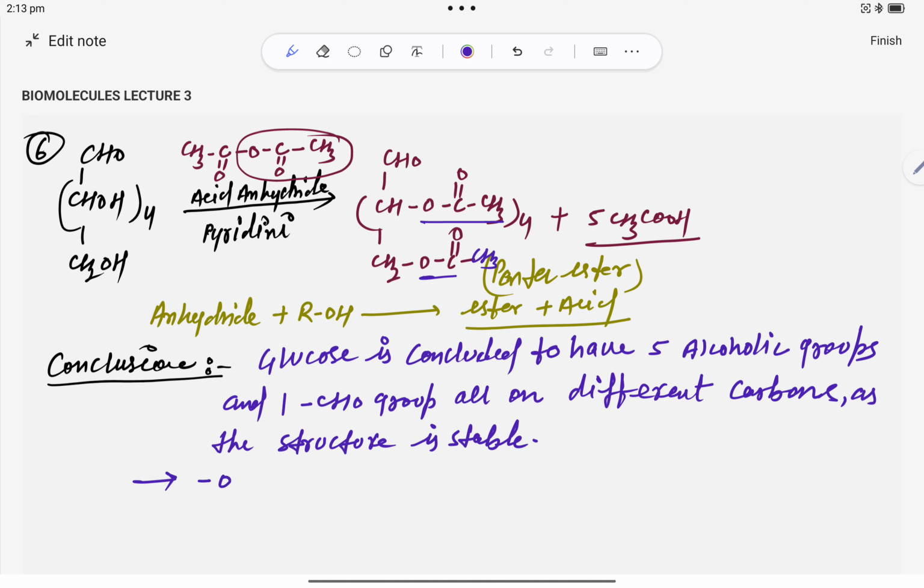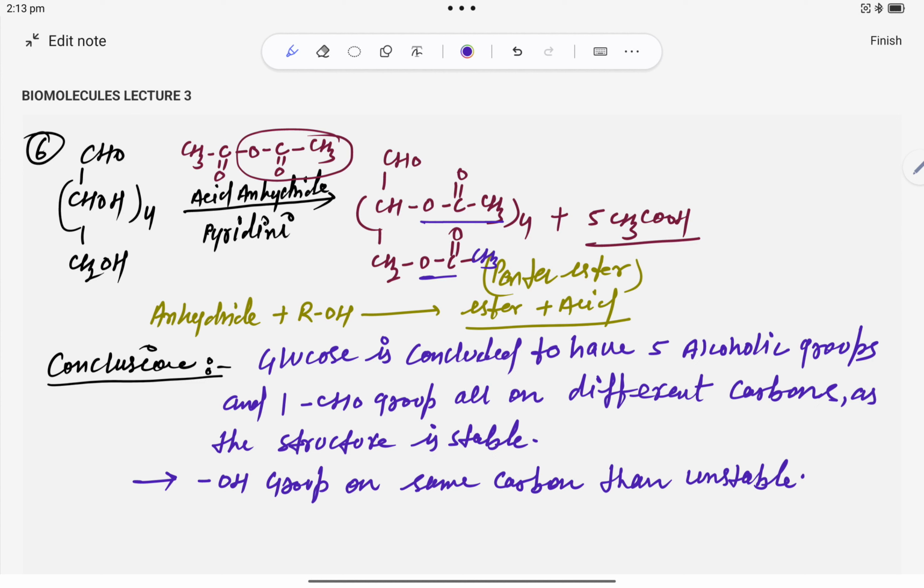If OH groups are on the same carbon, then an unstable species you will get. So that is why all are on different carbons.